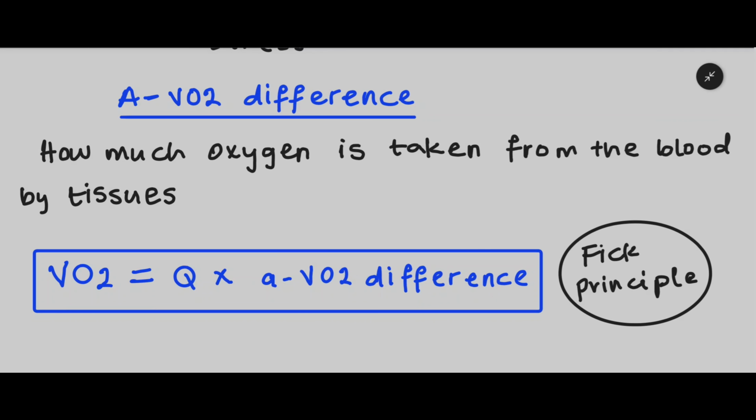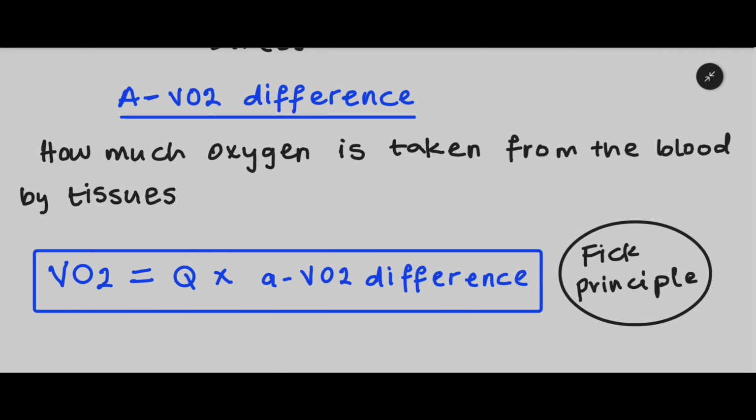This formula shows us two main things: cardiac output Q, and AVO2 difference. The way this links to performance is that you can improve performance by increasing Q, pumping more blood from the heart per minute, and also by increasing AVO2 difference, extracting more oxygen at the muscles.